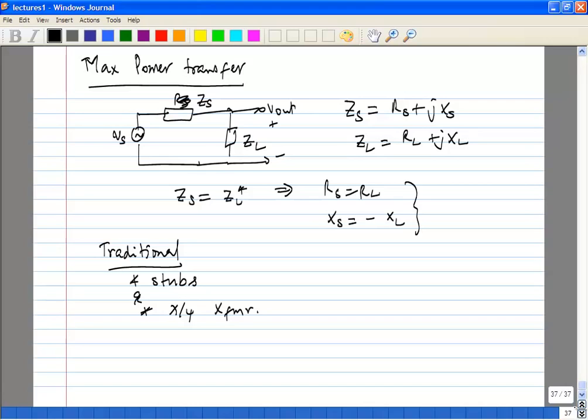Obviously, you are usually given ZS and you are trying to vary ZL, right? So what happens if you try to vary ZS? Let's say your ZL is fixed and you are varying ZS.